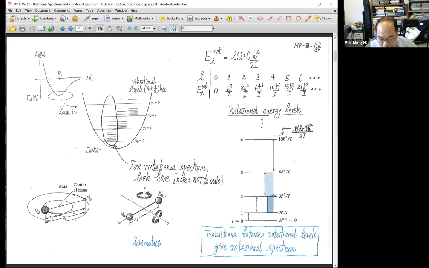This is 3 times 6 minus 3. This is 10 minus 6, which is 4 times, and so on, okay? So here I list the energy out, and then the difference turns out to be regular: 1, h bar squared over I, 2, 3, 4, 5, and so on.